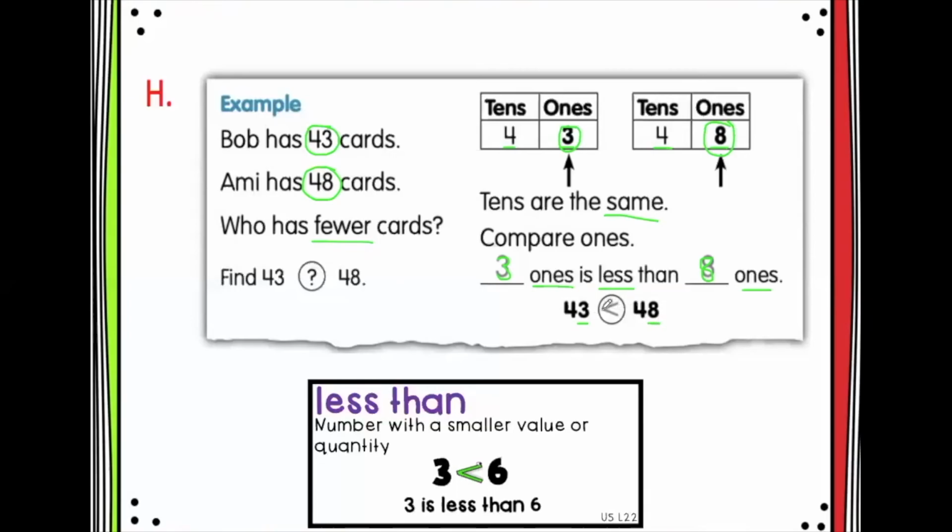You can also think of it as the point on this less than symbol is pointing to the smaller number. So the point points to the smaller number, and the mouth that's open eats the greater number. So 43 is less than 48.